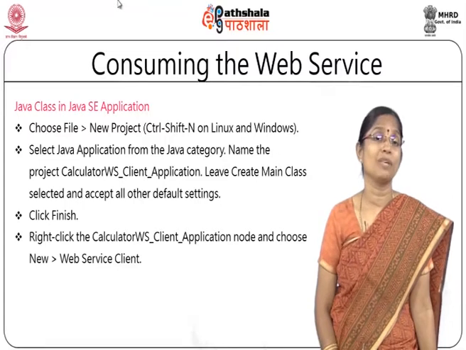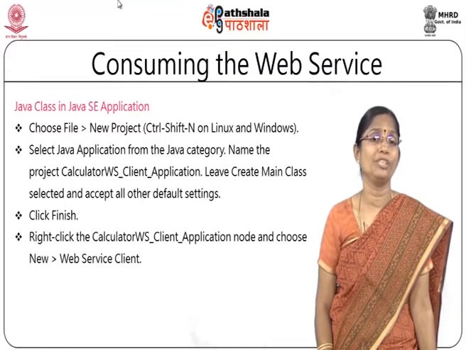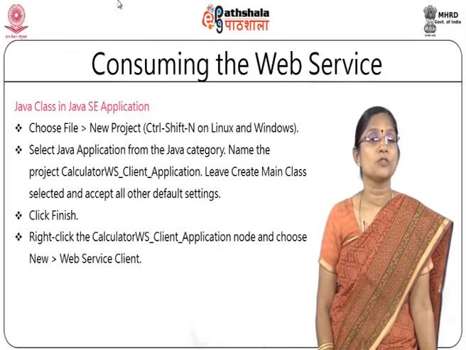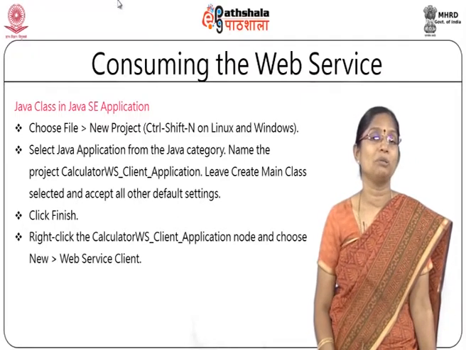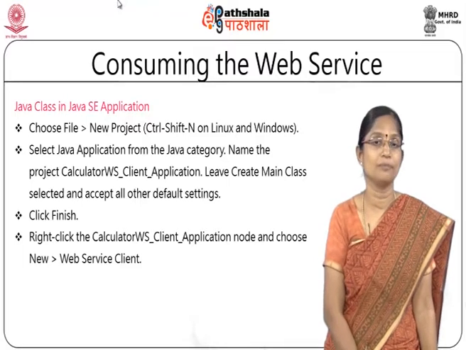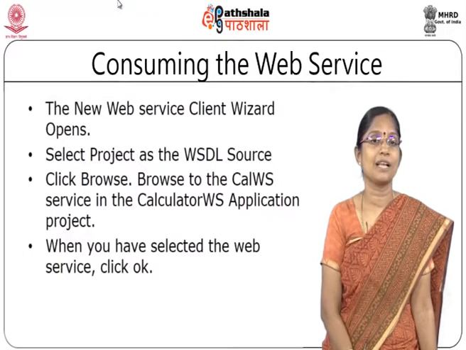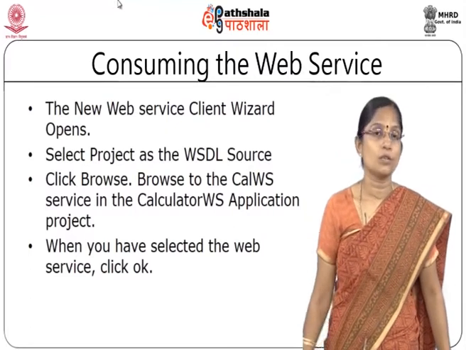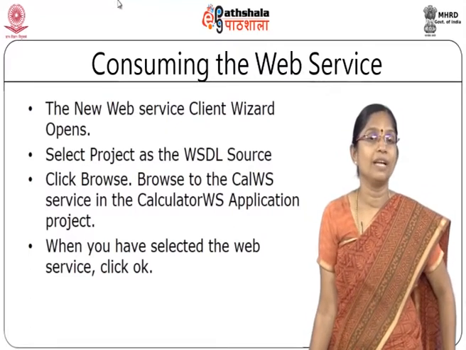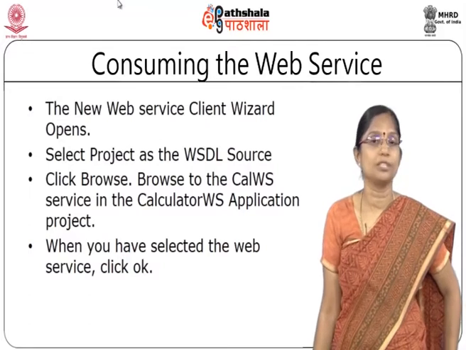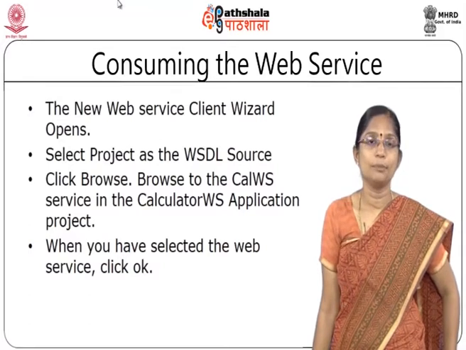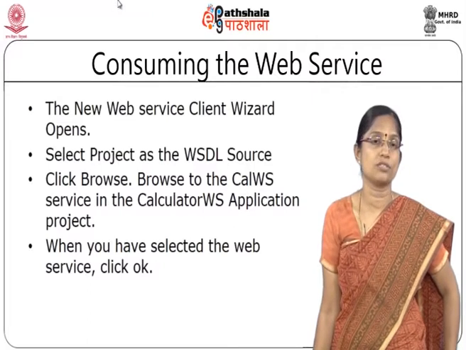Up to this, what we have seen in the creation is the web service server side. Here we are going to consume the service, that is, we are going to create a client application. So choose new web service client. The new web service client wizard gets opened. Once it opens, select the project, always as the WSDL source.